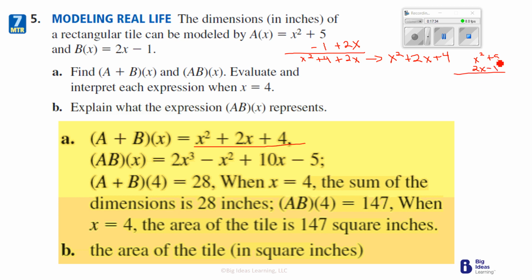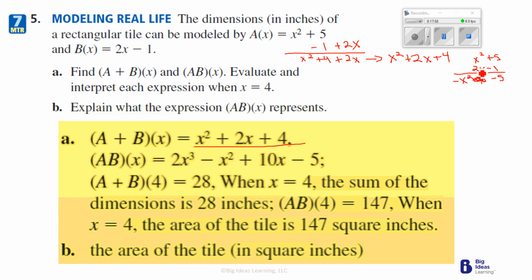We know 5 times negative 1 is going to give us negative 5. Then we've got negative 1 times x squared, which is just negative x squared. We need to put this over here because we don't need anything in the singular x part.